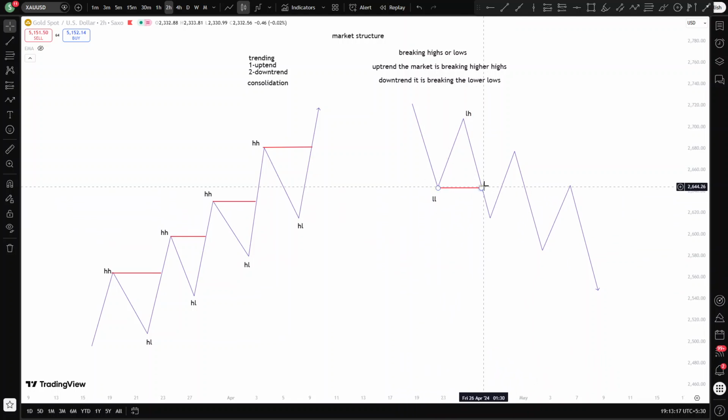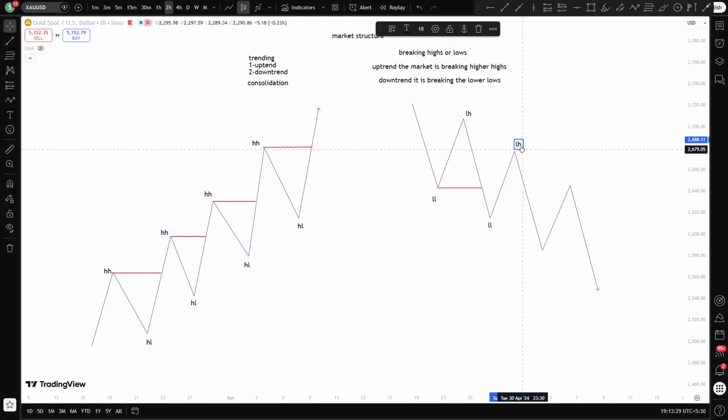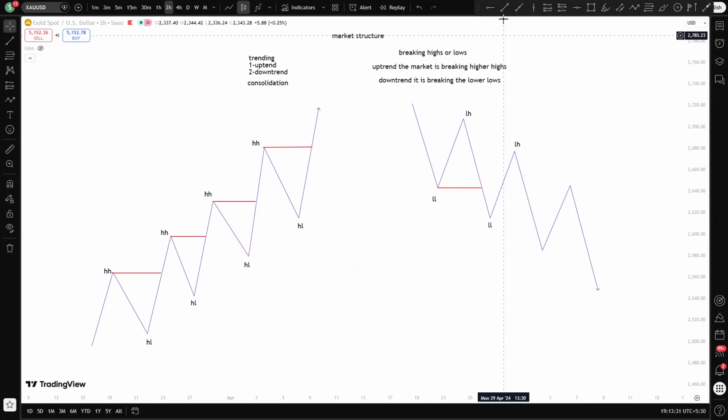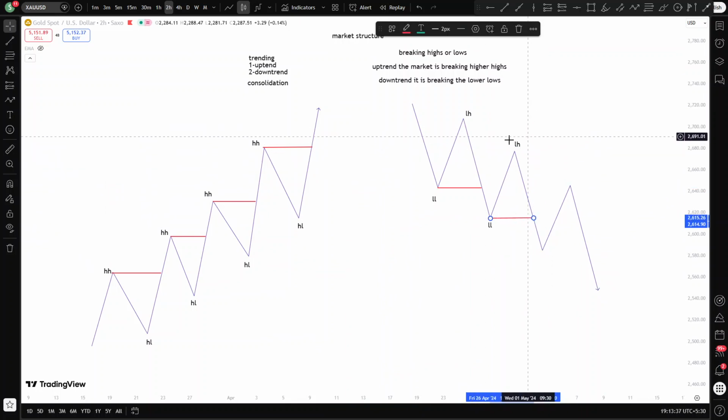After this break of this lower low, we are expecting the market to give us another lower low. After that, when the market gives us the break of this lower low, the moment it is broken, we now have the lower high.